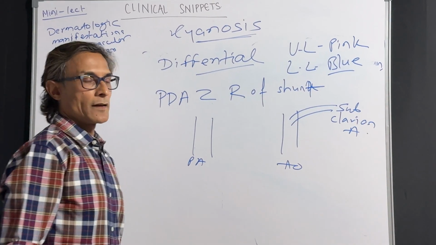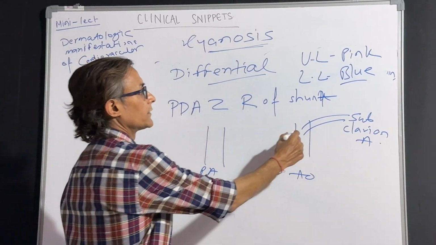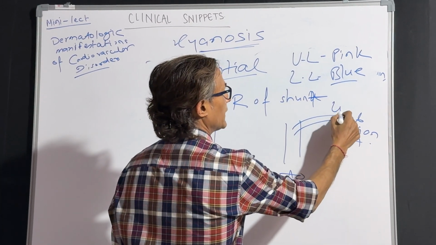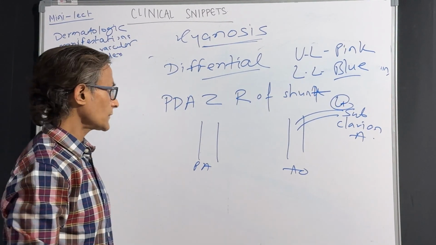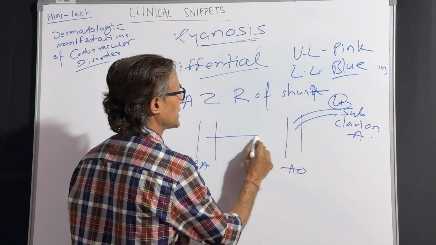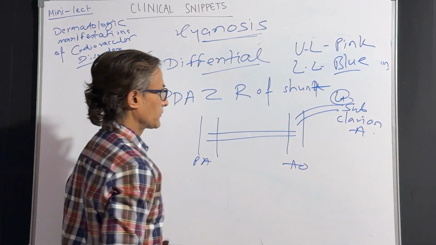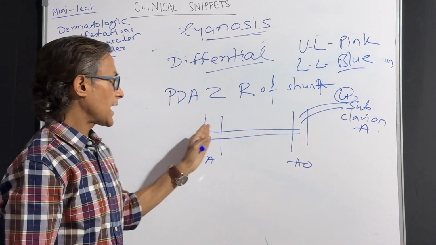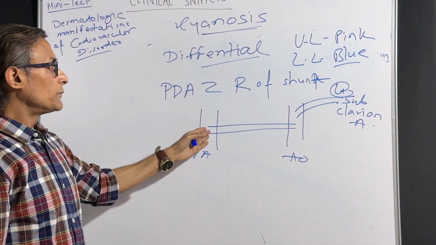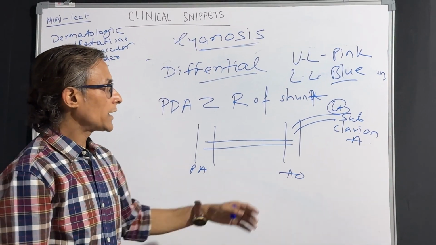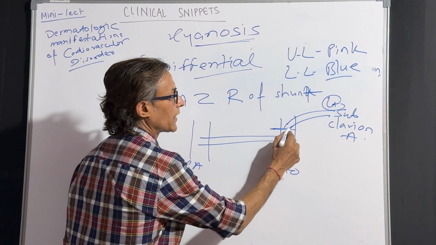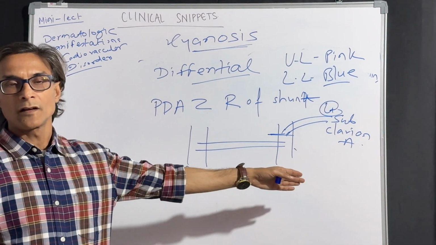We know that among the branches of the aorta, the last branch is the left subclavian artery. This abnormal connection is persisting, and this patent ductus arteriosus from the pulmonary trunk connects to the aorta just distal to the origin of the left subclavian artery.